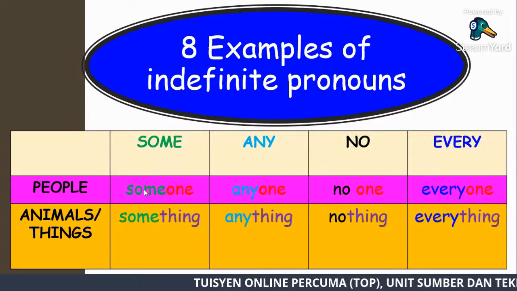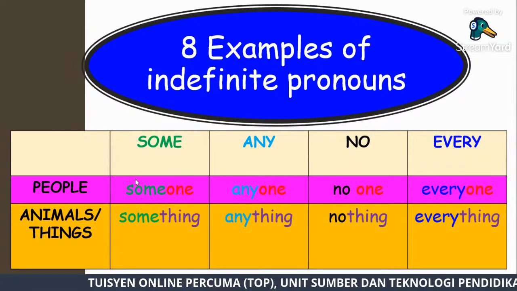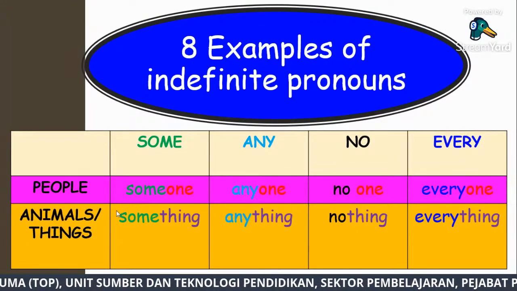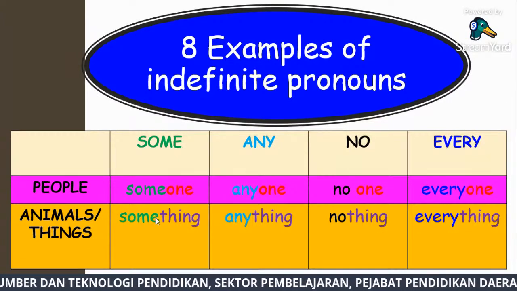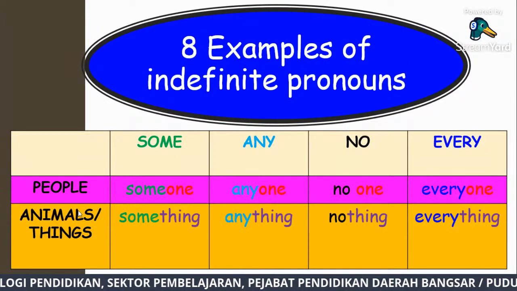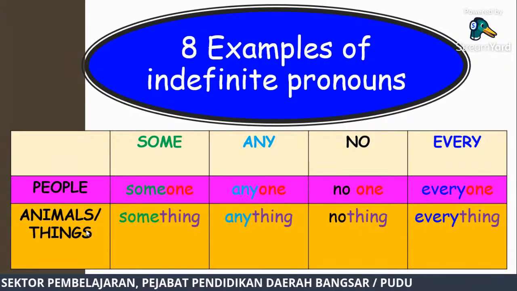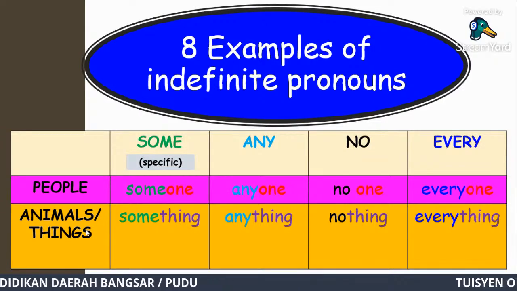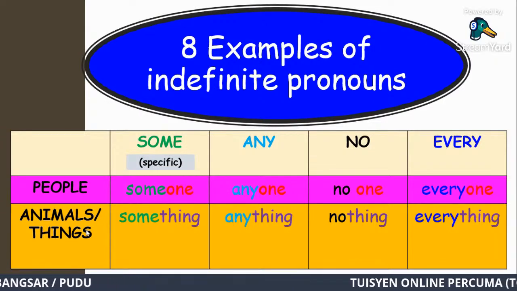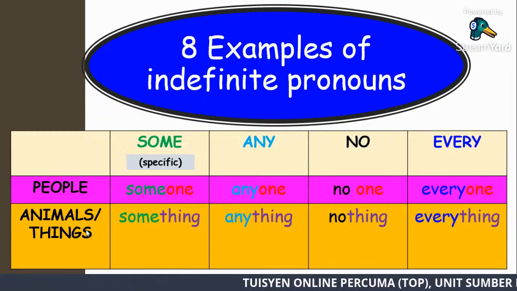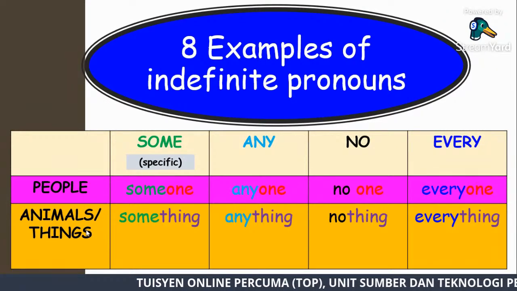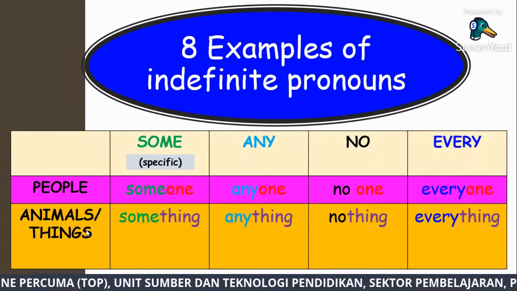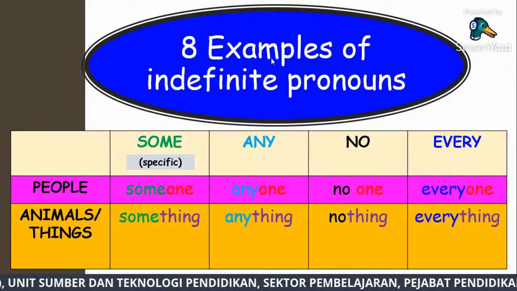And you have to know that someone always refers to people, and something refers to an animal or anything. And "some" is actually more specific. We are talking about a person, or maybe about a specific thing. That's where we will be using some.